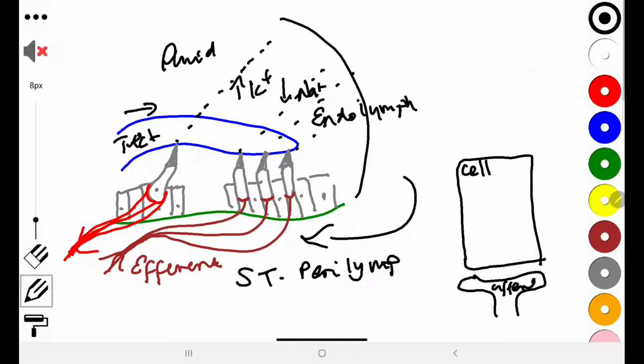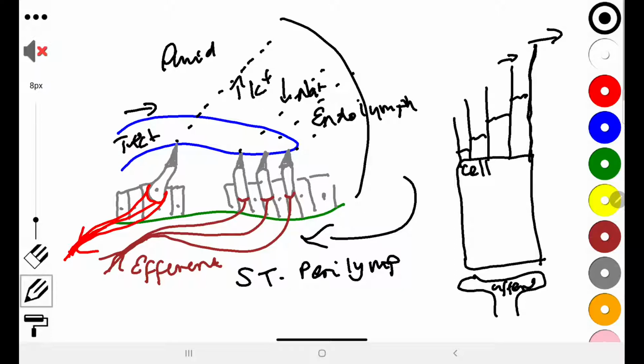The hairs themselves are such that we have the usually non-motile large one known as the kinocilium, and then we have shorter hairs that come through, and these are motile, they move. If the tectorium moves this way, because of the tip links that link these hairs together, even these ones will move that way.